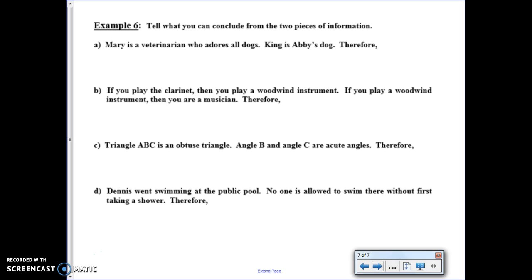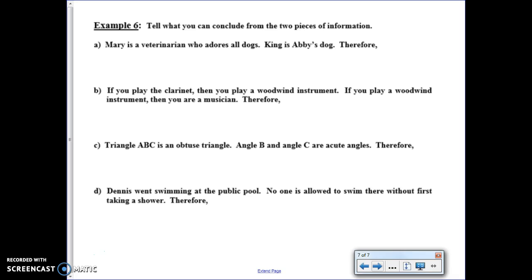Okay, example 6 says, tell what you can conclude from the 2 pieces of information. Once again, pause the video right here. Try these 4 examples on your own. All right, if you are back with me, Mary is a veterinarian who adores all dogs. King is Abby's dog.